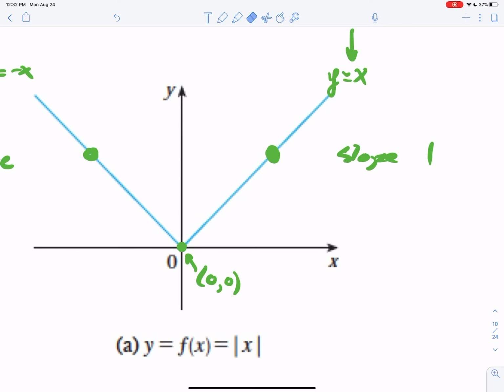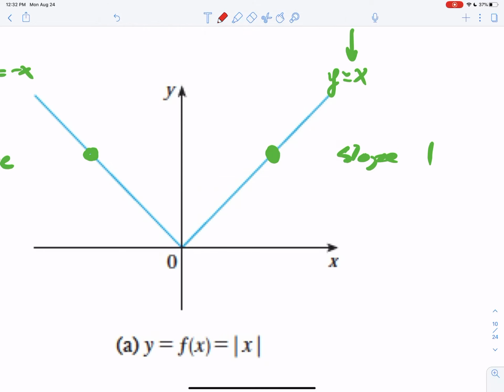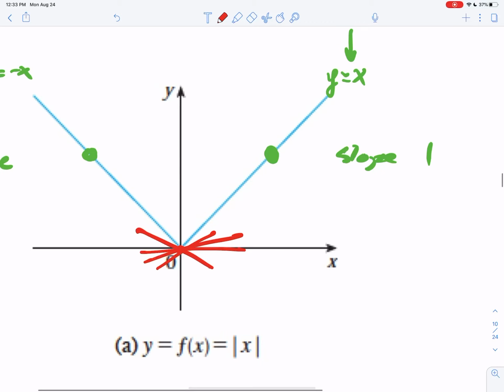Just to kind of give you a visual, this isn't the most perfect way of formally explaining it, but tangent lines are supposed to be unique, meaning you can only draw one type of tangent line. Whereas here, I could draw a tangent line here, I could draw a tangent line there, I could draw a tangent line here. Notice how there's an infinite amount of ways that I can actually draw this tangent line. Whereas with a parabola, believe it or not, there's actually only one possible way.